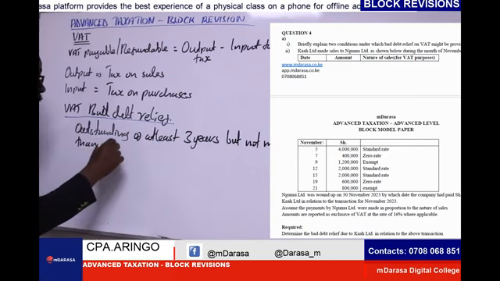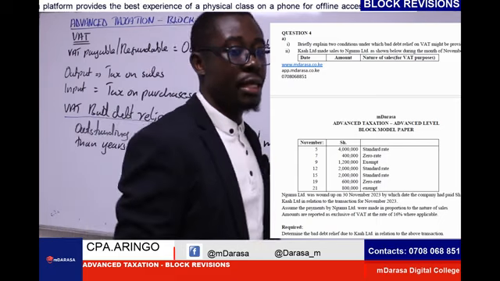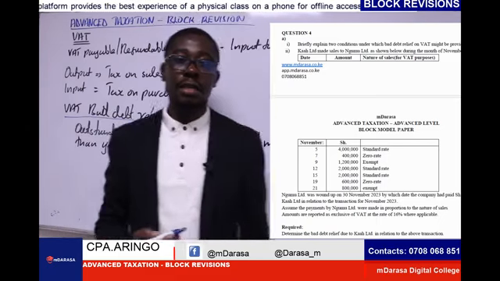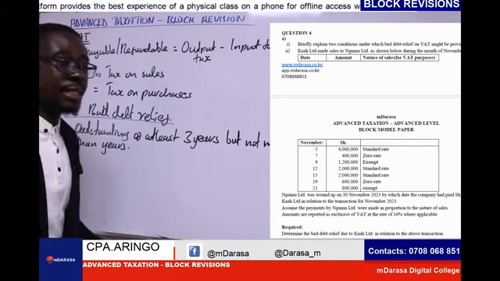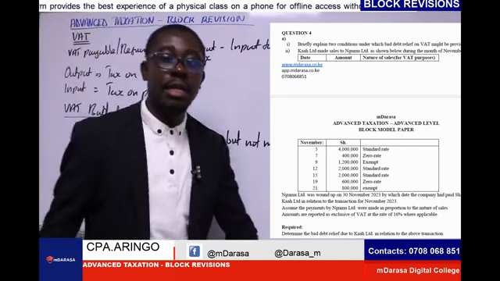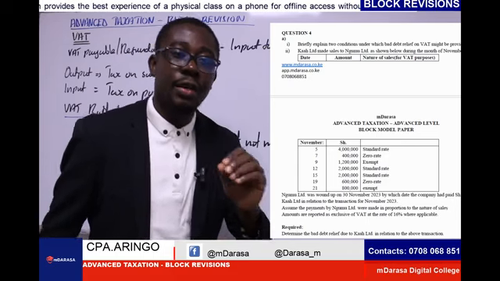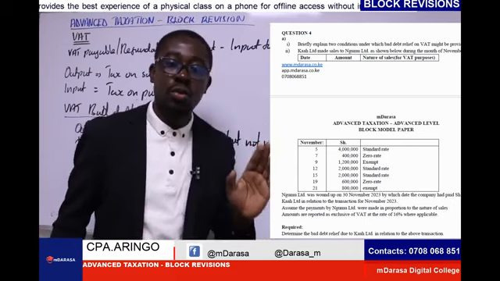So these are the conditions if you are to be granted the VAT bad debt relief. Condition number one, the debtor of a taxpayer must have been declared bankrupt or insolvent, meaning that this person won't pay that value anymore.